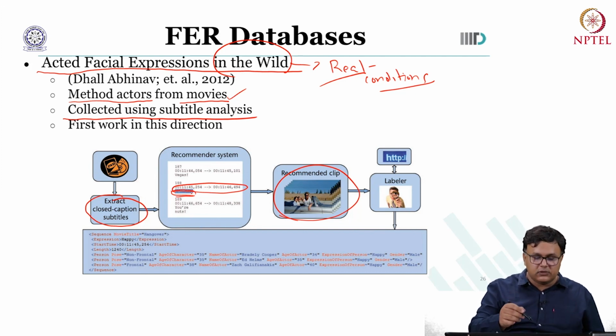The context is as follows: who is the person, what is the age, and what is the gender. We can use this information for facial expression recognition training and have a better model which predicts facial expression for an older population, or a more accurate model for facial expression prediction in children, right?